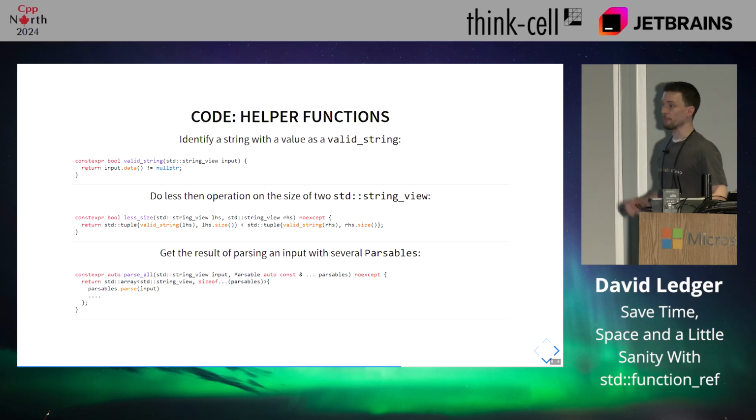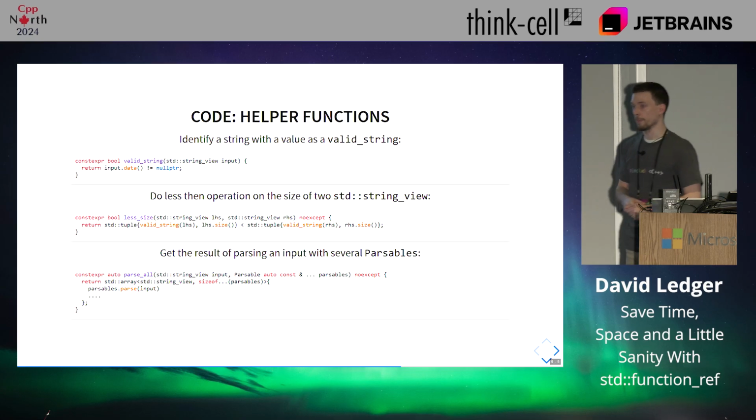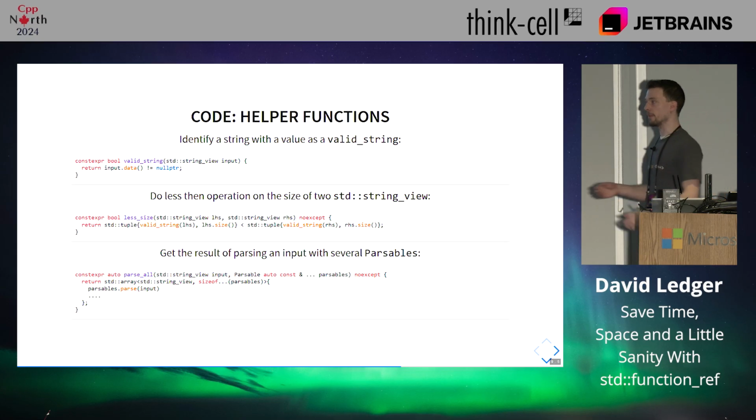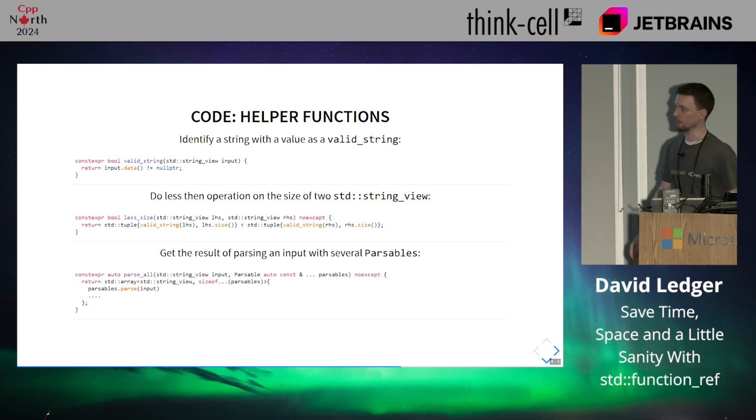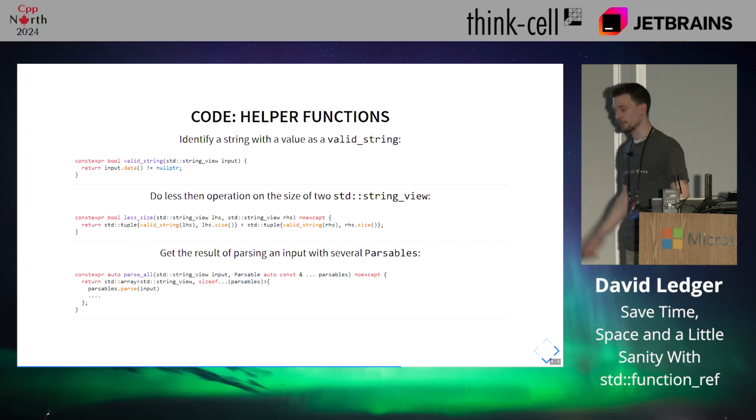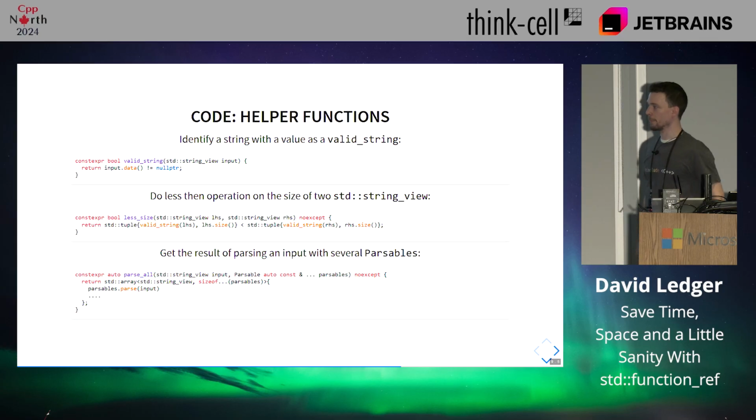A string view can be valid or invalid in this library. If the string view points to a null pointer, it's going to be considered invalid. So if it's default constructed, we're just going to call it an invalid string view. Now that's important because we want to be able to select a valid string view over an invalid string view, because a default constructed string view has a size of 0, and so does an empty string, but they are different.